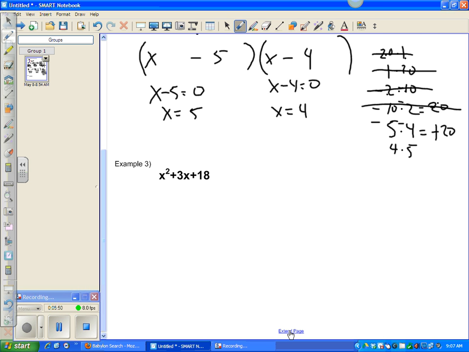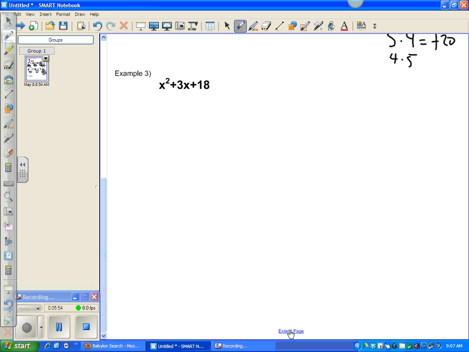Okay, let's do a little harder one in this case. So now we're going to do my x-axis. Yay, I'm halfway done. Okay. So what two numbers multiplied together give me 18? So 18 times 1, 1 times 18.